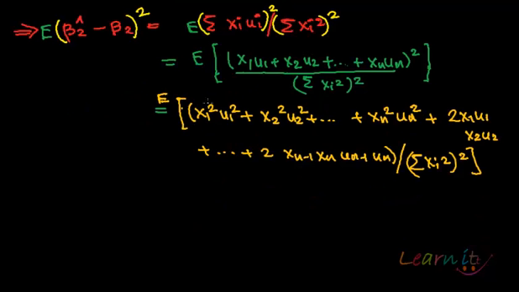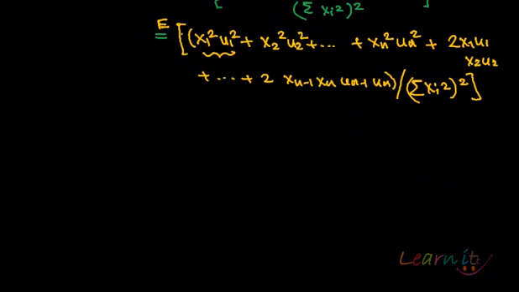Now the point is, you have to remember something. If you look at this kind of a term, which is your x1 square u1 square, let me just do it here as a working. E of x1 square u1 square, how will you do? x1 square will come out of the expectation operator. Clear?